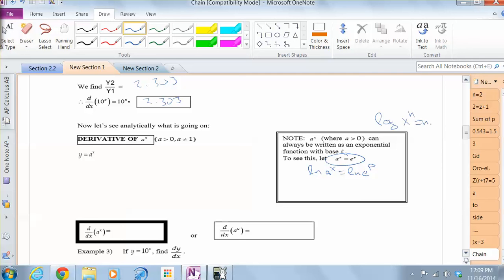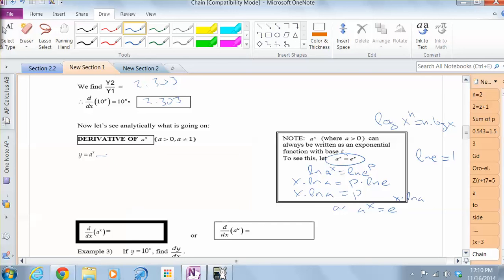So in this case, x times natural log of a will equal p times natural log of e. Remember, natural log of e is just 1, so p equals x times the natural log of a. Or we could say that a to the x, which equals e to the p, will be e to the x times ln a. So that's what we have here. Y equals e to x times ln a.